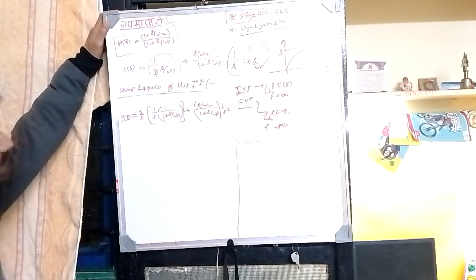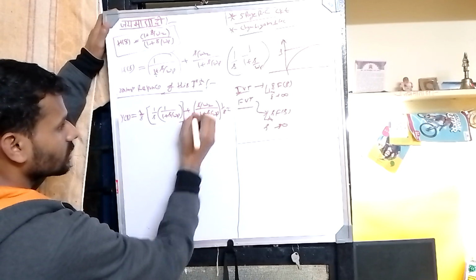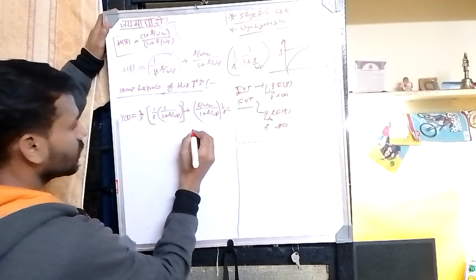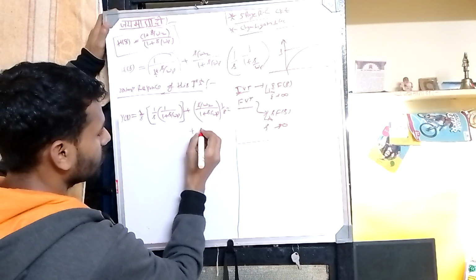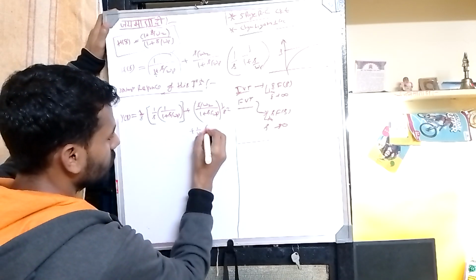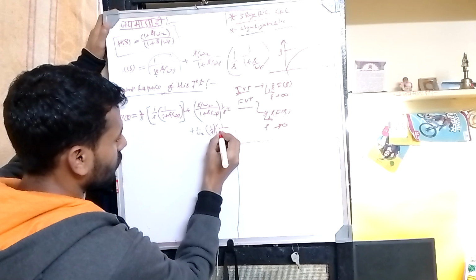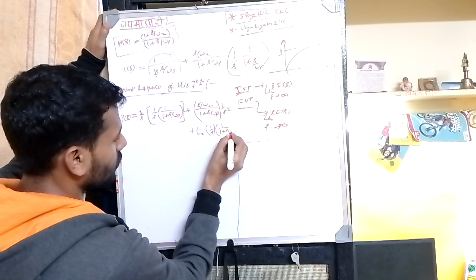Here, this will cancel down, and this will become 1 by omega z, 1 by s, and 1 upon 1 plus s by omega p.